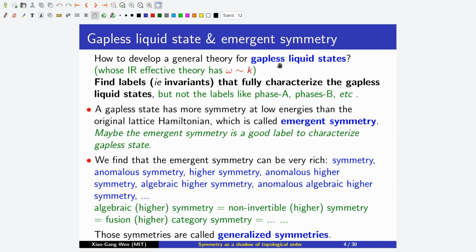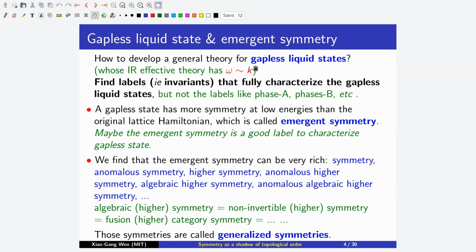Here, the gapless states we call the gapless liquid states. We mentioned a little bit in the first lecture. Naively, you can say that it's a gapless state with a linear dispersion relation. But we don't view Fermi liquid as a linear dispersion relation because there's a transverse direction, where the energy does not depend on the momentum.